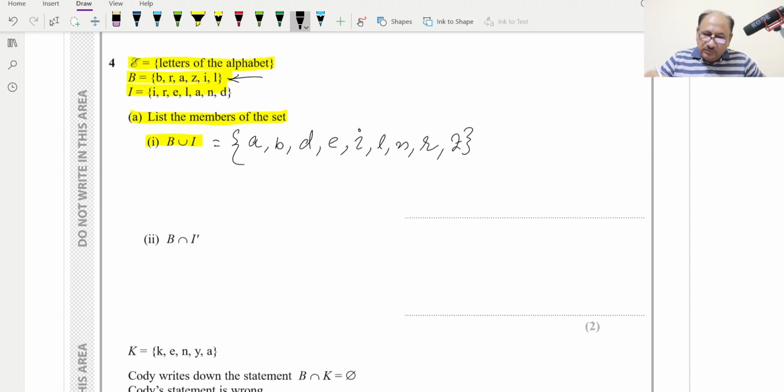So this will be the answer which we can write. So, list the members. So A, B, D, E, I, and L, N, R, and Z. These will be the members.